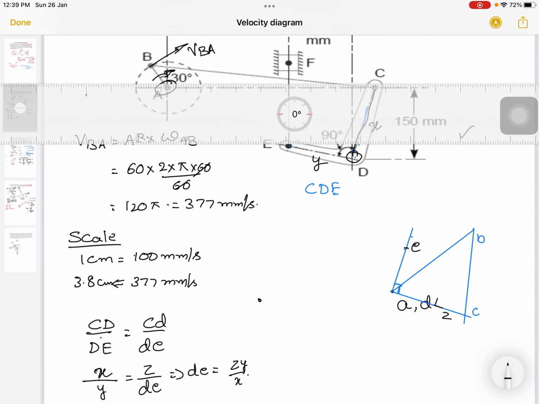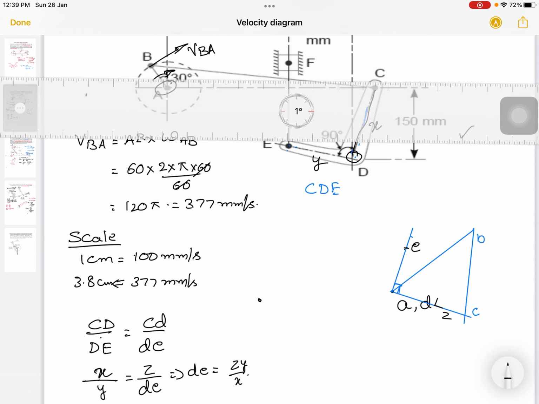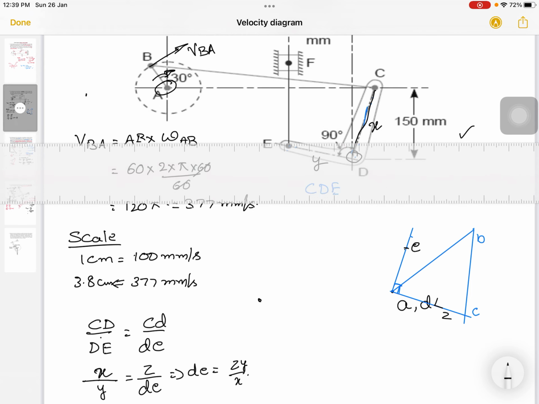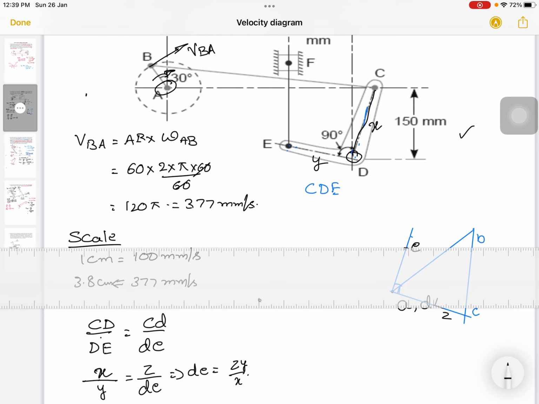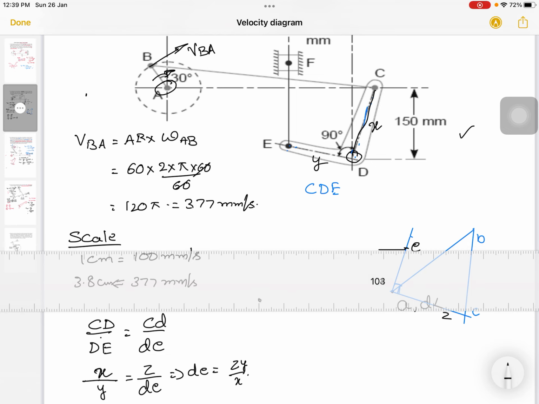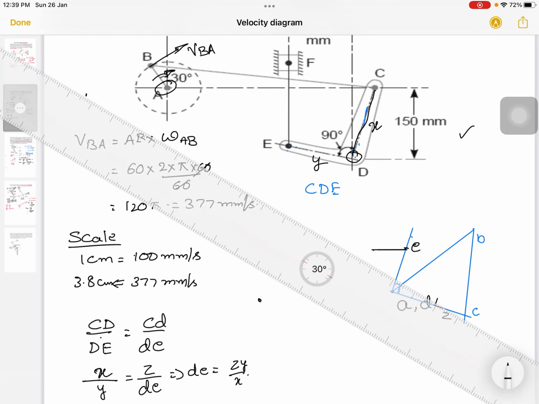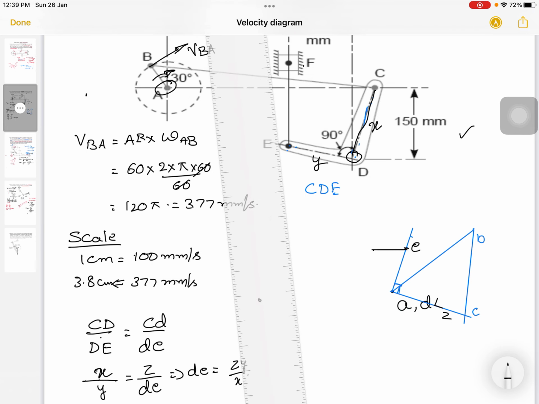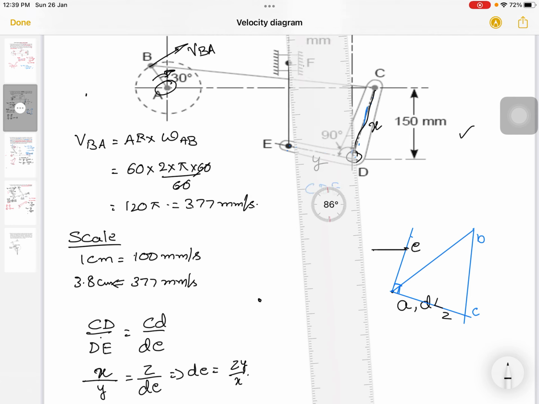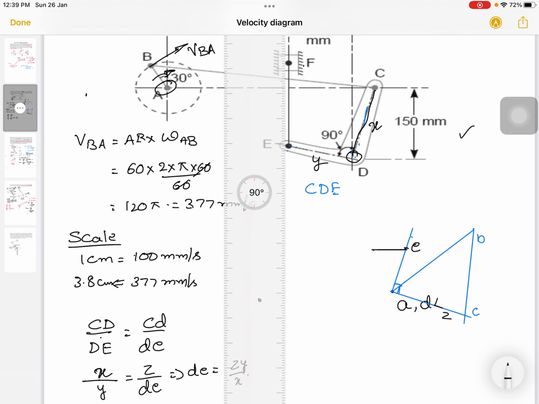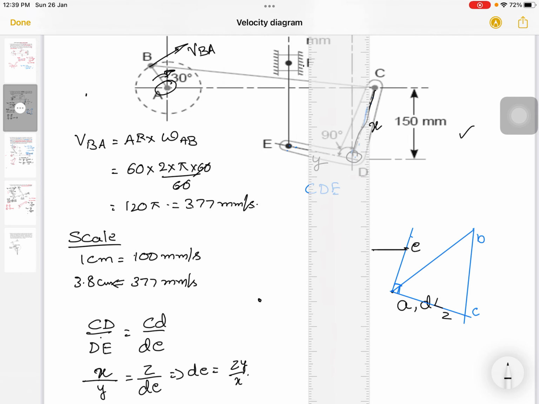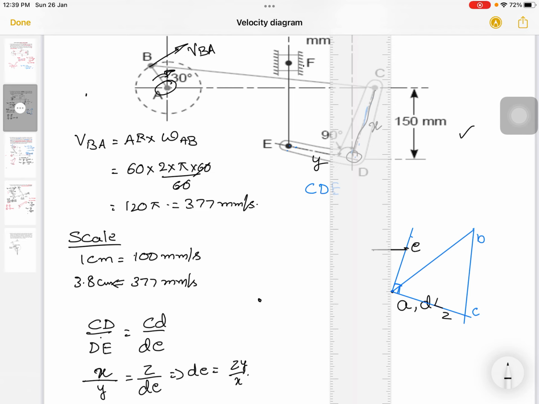Once you get point E, draw a line perpendicular to EF. Here F is the slider. A slider always moves either vertically or horizontally.